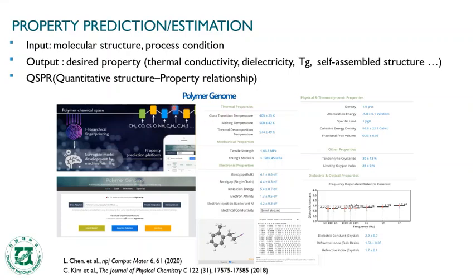In terms of that, Polymer Genome is one of the platforms which takes the multi-scaled features in a polymeric system, and using machine learning, it's not deep learning, it's classical machine learning, finds the relations between these key features and the various polymer physical properties.